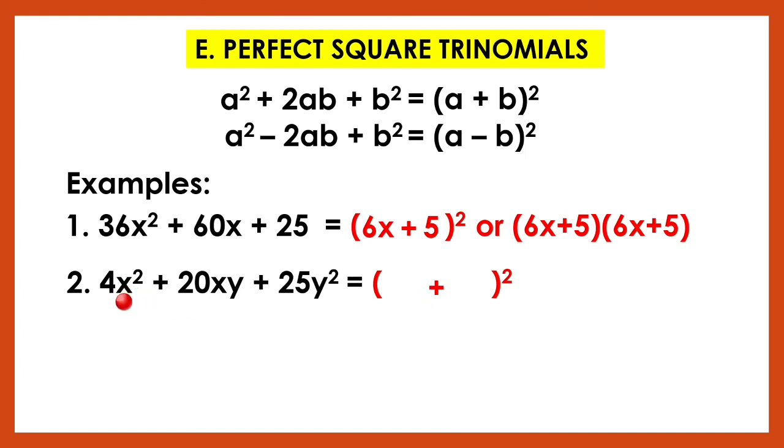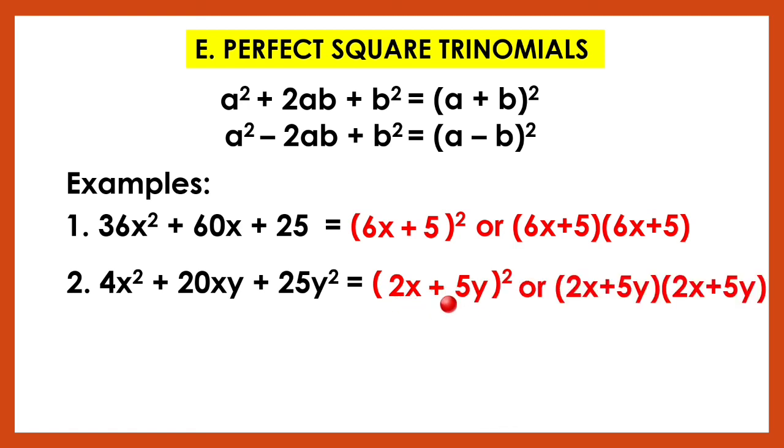What is the square root of 4x squared? That is 2x. Anong square root ng 25y squared? That is 5y. Therefore, the factors are the square of 2x plus 5y or 2x plus 5y times 2x plus 5y. Another example, 49a squared minus 28a plus 4.